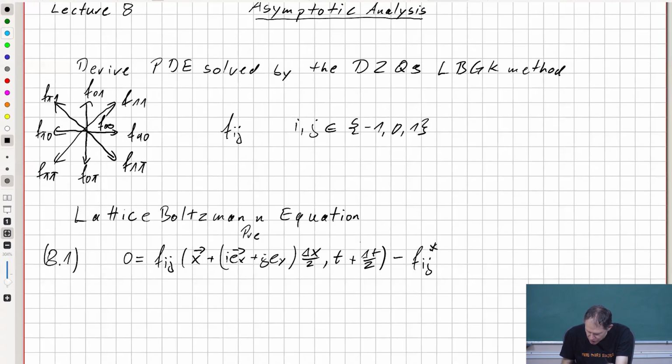the post-collision of the previous one. This is x now minus i e_x plus j e_y, delta x 1/2 and t minus delta t 1/2.